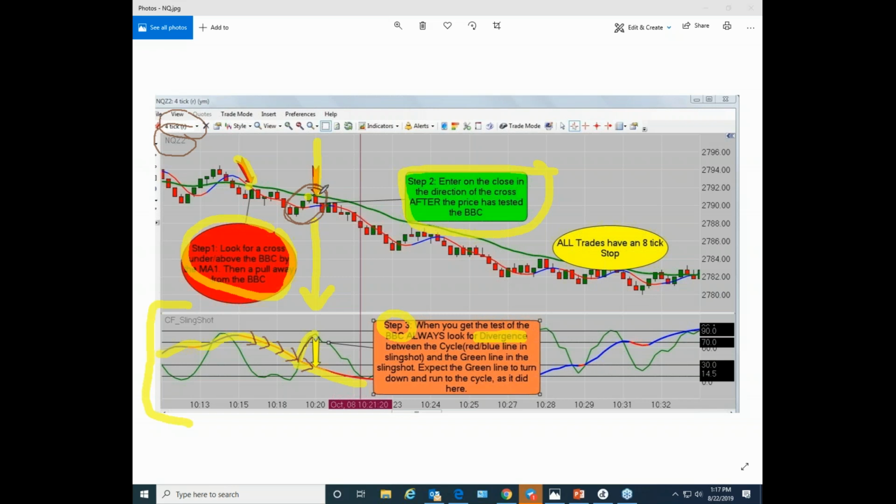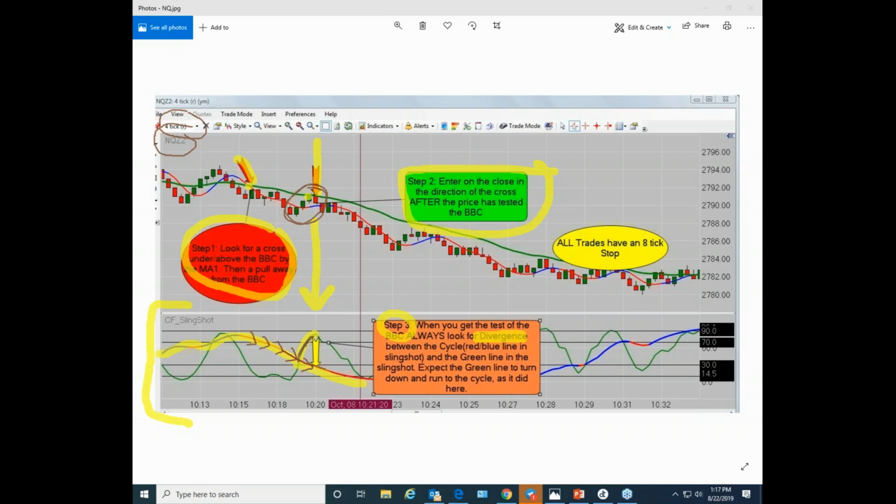And the fact that the market gets up to the BBC and fails, and the green line is pulling away from the cycle like a slingshot, like pulling the rubber band back, are all the variables to say, you know what, it's time to get short. It's time to get inside the DOM and push a button.